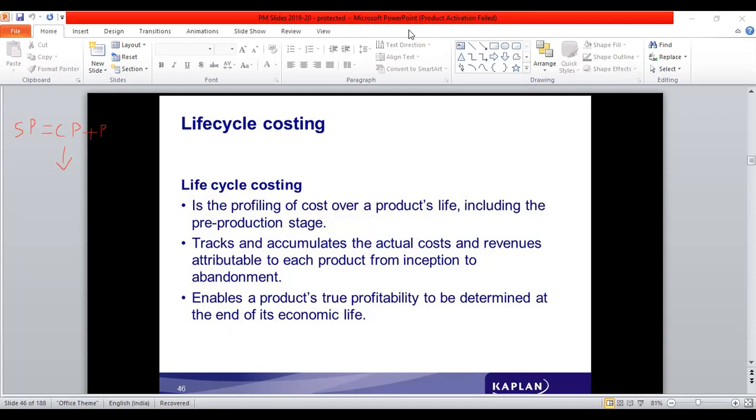But life cycle costing suggests that it is not only that there are operating costs which are incurred. We see that the costs start from purchasing of raw material. So raw material is acquired, then raw material is converted into finished goods, and then they are delivered to the customers.